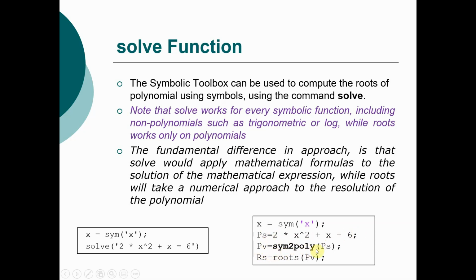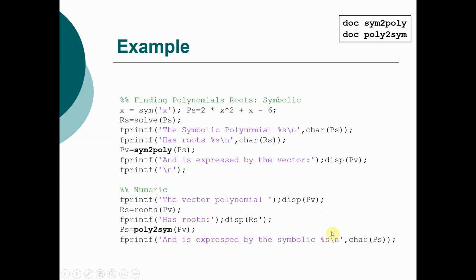So PV now becomes the vector of coefficients, instead of being a symbol, it becomes a vector. We have another one called poly2sym. If you have the vector of coefficients, you can turn it into a symbolic expression using that one. It's shown here: poly2sym, sym2poly.